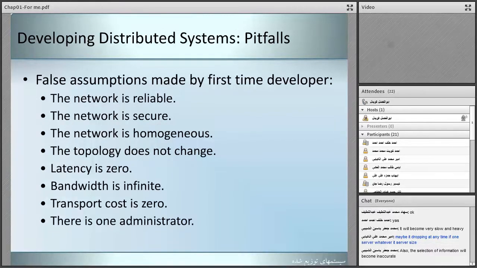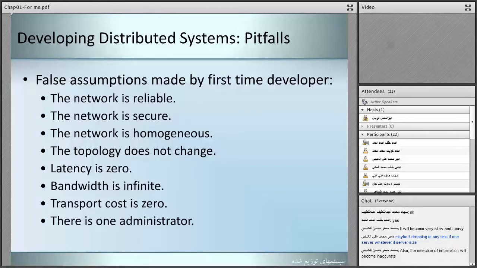And there are some false assumptions made by first-time developers. For example, suppose you are a developer and you want to develop an application for a distributed system for the first time, and you may have false assumptions about network reliability and network security. The network is reliable: a false assumption. The network is secure.